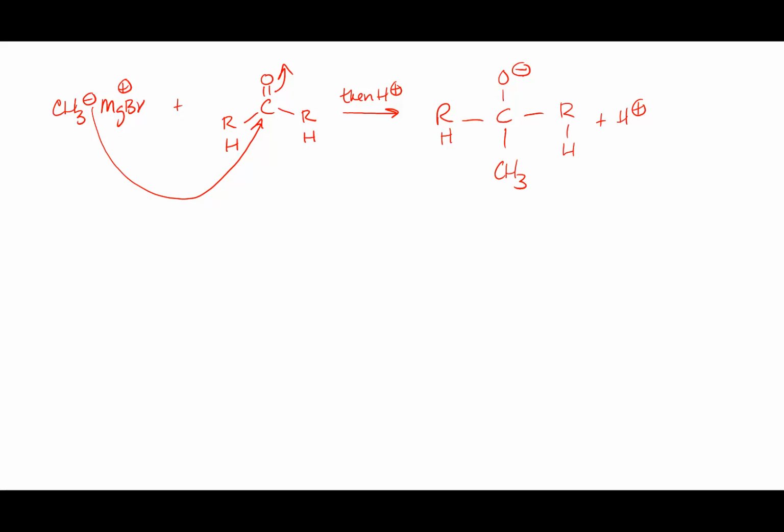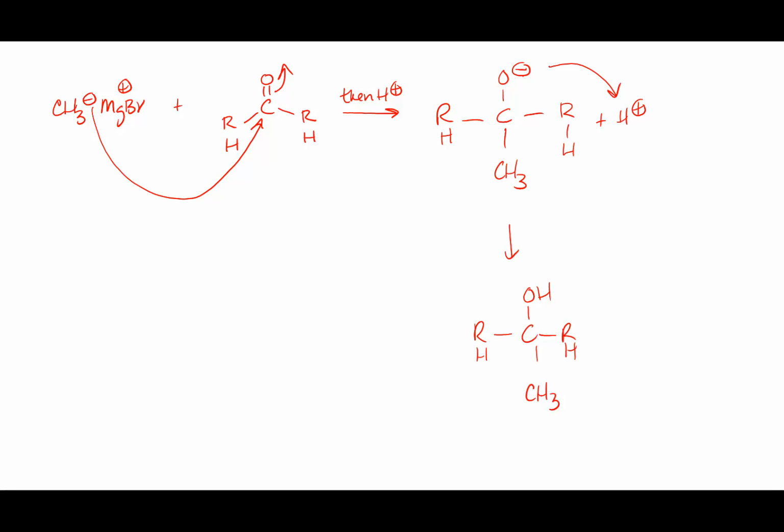So we wait until the end to add the acid, and then what do we end up with? We end up with our alcohol. Is it a primary, secondary, or tertiary alcohol? It's going to depend on the carbonyl I started with. Did I start with a ketone or aldehyde, or did I start with formaldehyde?